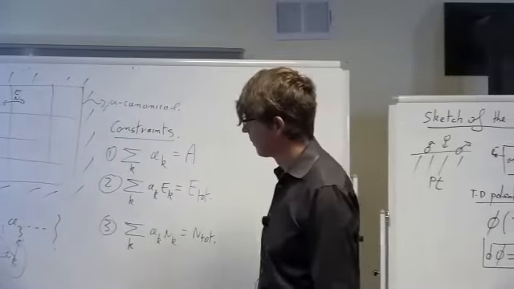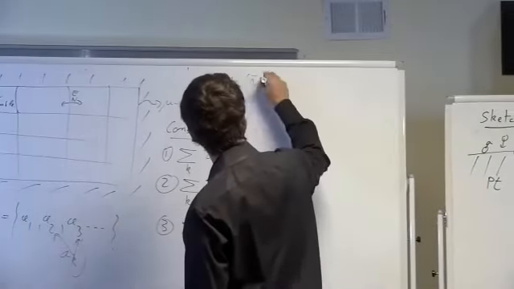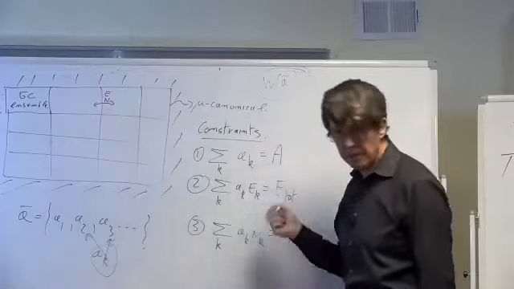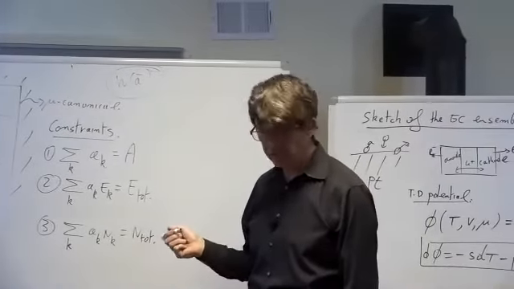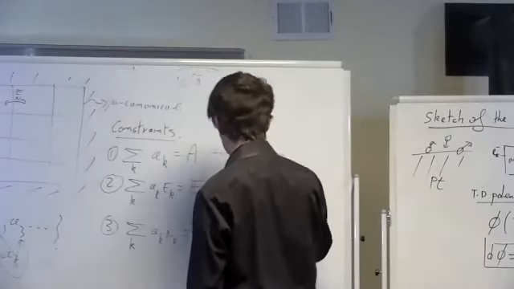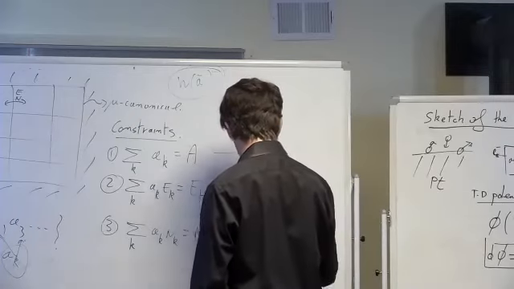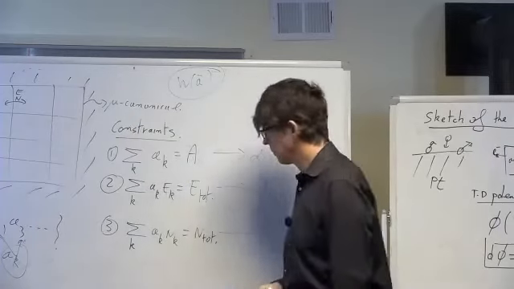I'm going to again find the maximal omega A bar, but now I have 3 constraints. So I have 3 Lagrange multipliers. This one is going to give me alpha or alpha prime. This one is going to give me beta. And this one's going to give me gamma.